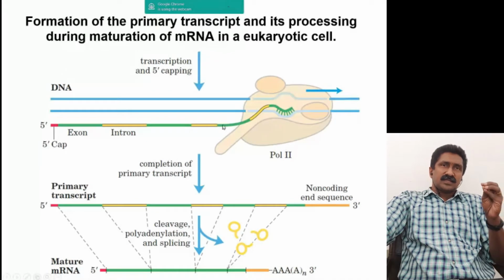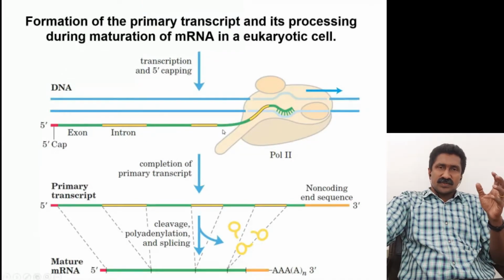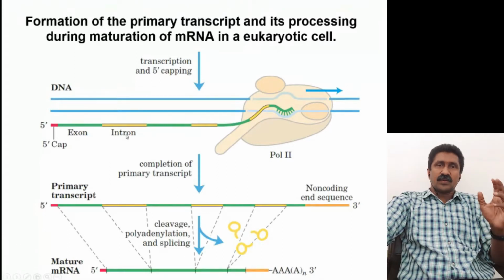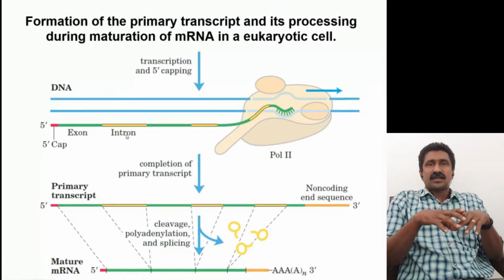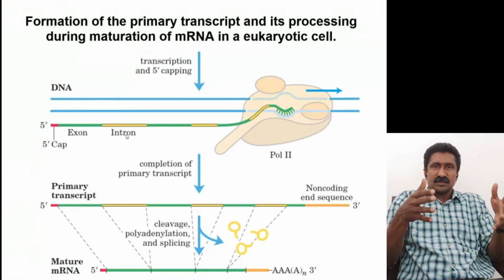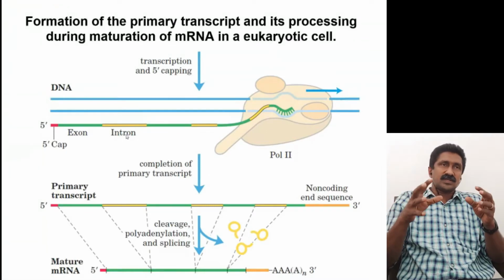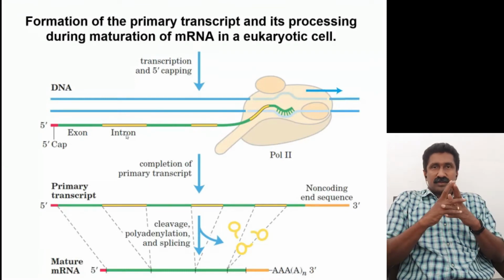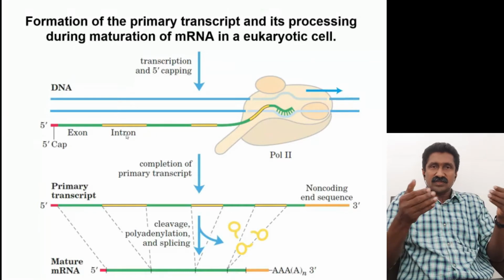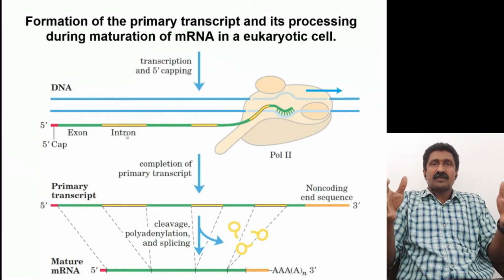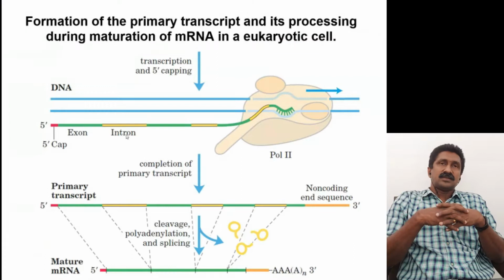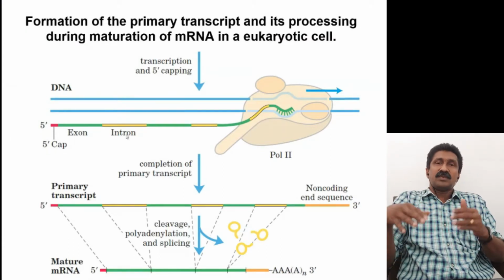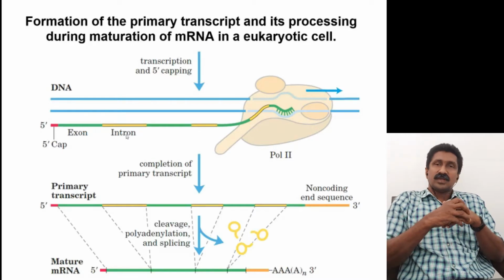You can see that the primary transcript which is produced from a eukaryotic system will contain exons and introns. As I mentioned, introns are the intervening sequences present in between the exon units, which need to be removed during the processing of the RNA, and the functional exon units need to be joined together so that the final mRNA or final RNA transcript is produced, and that will be subsequently coded to the proteins.